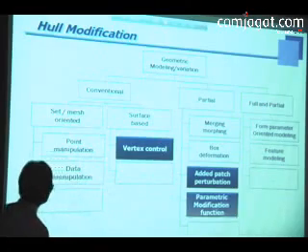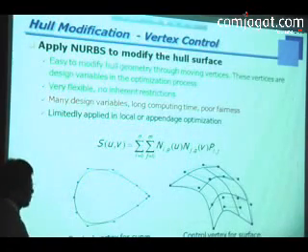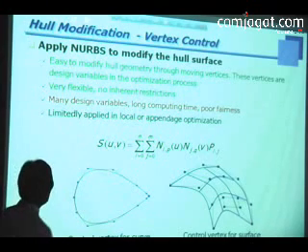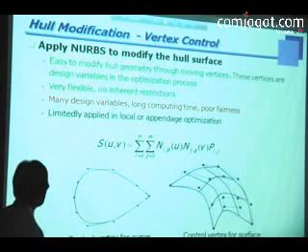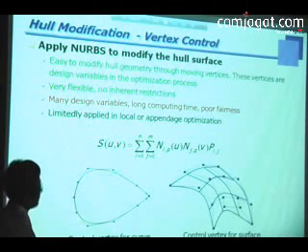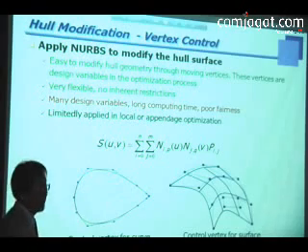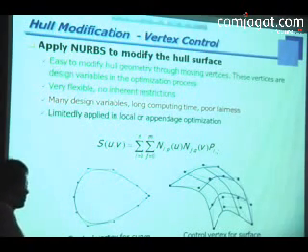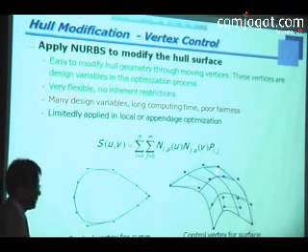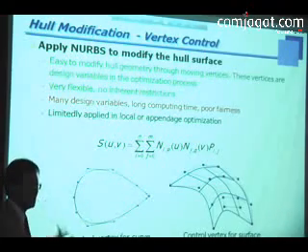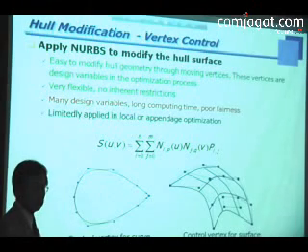Next, please. This is the usual CAD approach, okay? That is to modify curve surface. This is to modify curve geometry by moving vertices. This is the curve, this is the surface. These vertices are design variables in the optimization process. The number of vertices increases, the computing cost increases.